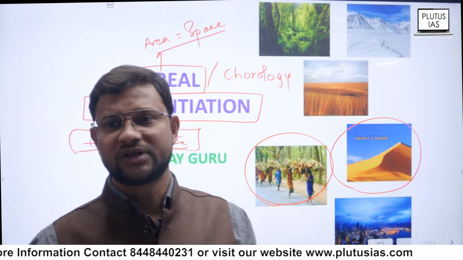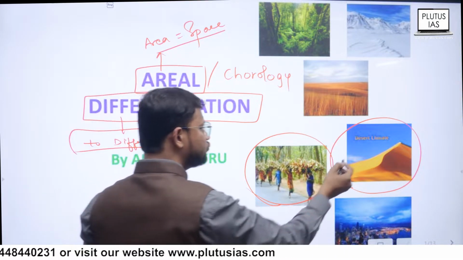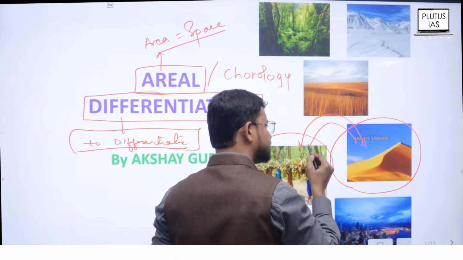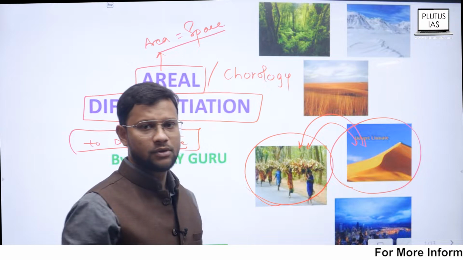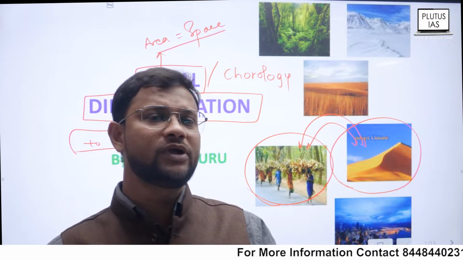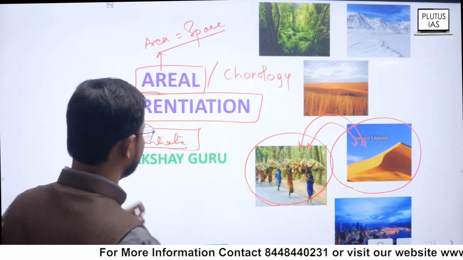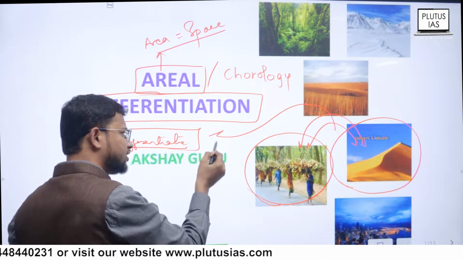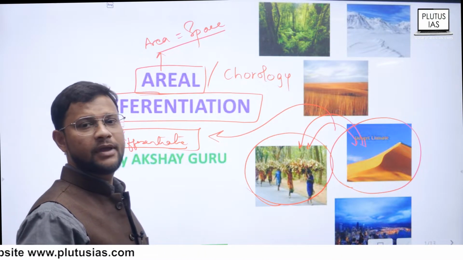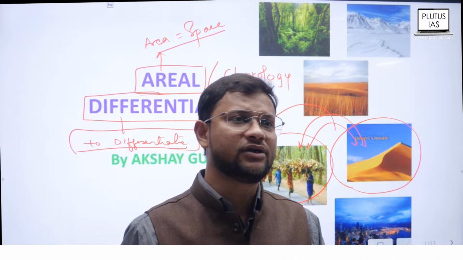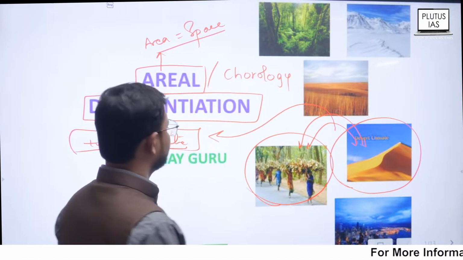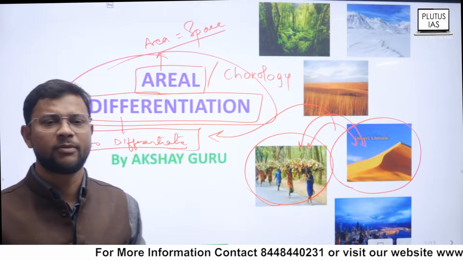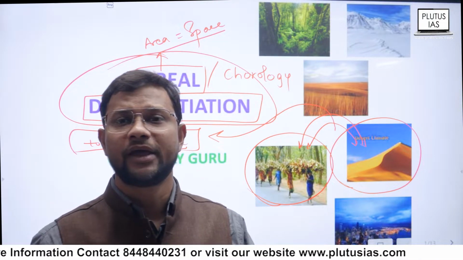You will find that these two regions have some different conditions, and these two different conditions then help you to understand some regional characteristics. And this phenomenon is basically areal differentiation.